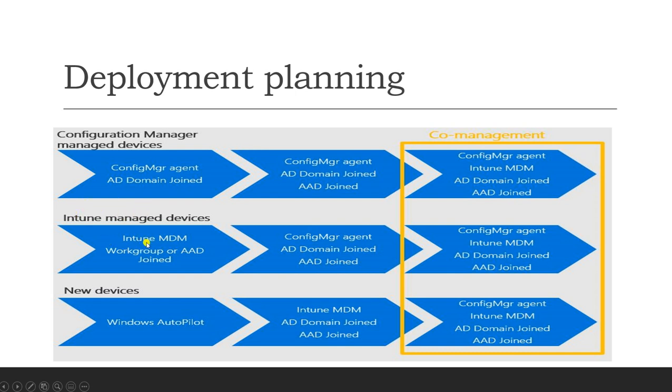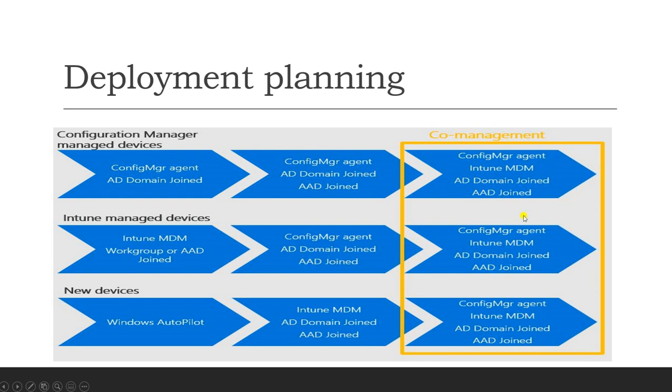Suppose you have the Intune infra and your device is enrolled to Azure Active Directory and managed by Intune. How can you make it co-managed? You need to install the SCCM client, I mean the Config Manager client, on that machine. Then that machine should be joined to an Active Directory domain, and it should be part of Azure Active Directory.